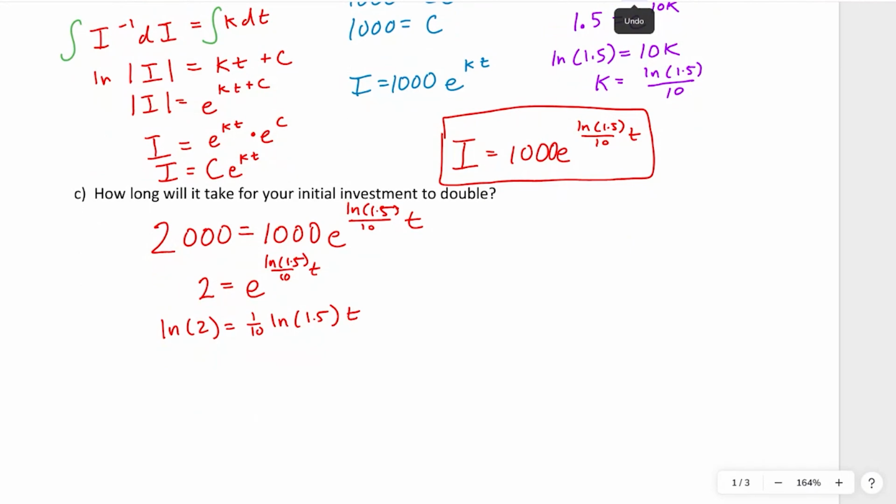And here I could multiply both sides by 10, divide both sides by the natural log of 1.5. So I get 10 natural log of 2 over natural log of 1.5. And that's going to be the number of years.